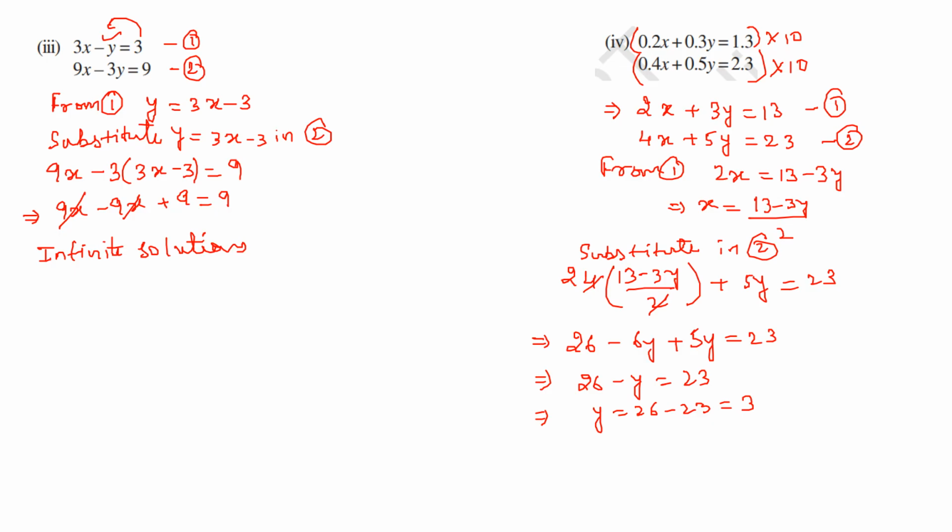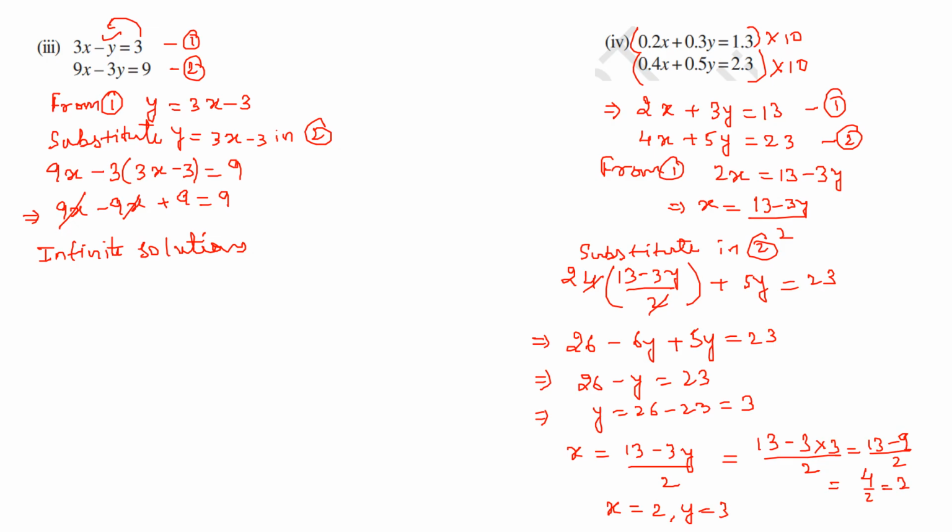Now once you get the value of y, put the value of y in x equal to 13 minus 3y by 2. So it will be 13 minus 3 into 3 by 2, which will give me 13 minus 9 by 2. And 13 minus 9 is 4. So 4 by 2 is 2. So the value of x is 2, y is 3. This is the solution of the fourth part.